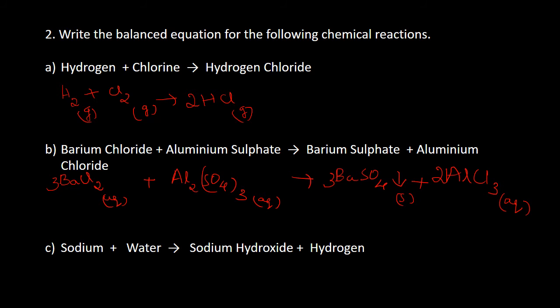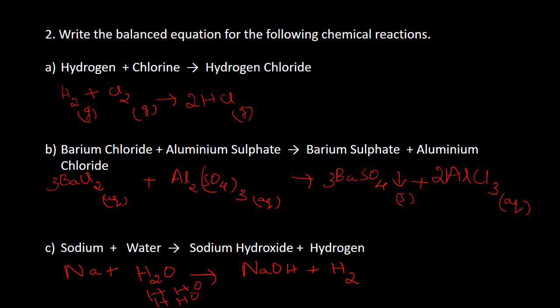Now next question is sodium combines with water to form sodium hydroxide and hydrogen. Sodium symbol is Na plus water, formula is H2O, that forms sodium hydroxide plus hydrogen. Here again there is a confusion about OH. So let us split this H2O. So H is 2 times.